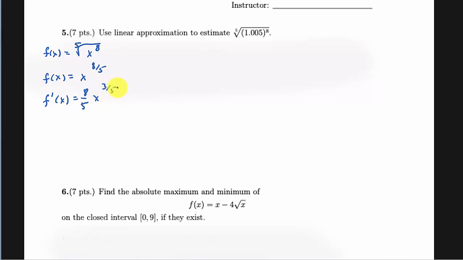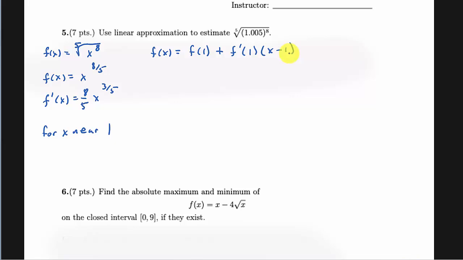And we're going to do this for x near 1 because we're doing 1.005, so x is going to be near 1. So we've got f of x is equal to f of 1, remember your formula, plus f prime of 1 times x minus 1.